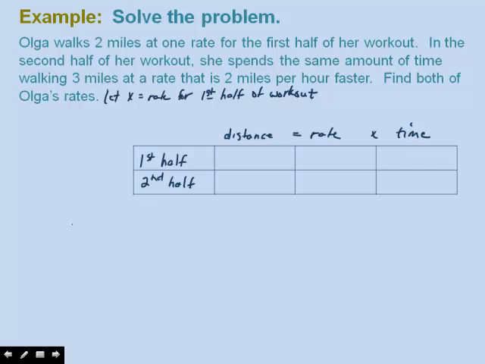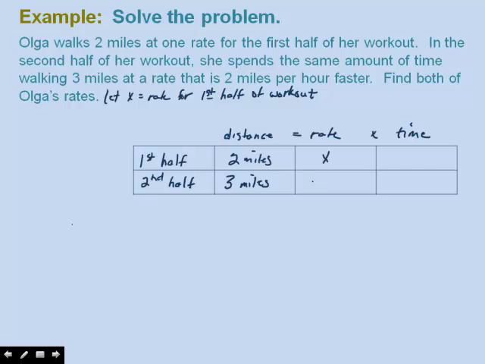So in the first half, it tells us that she walked a total of 2 miles. And the rate for the first half is actually our variable, so we'll put x in there. And it doesn't tell us what the time is for that first half. Then for the second half of the workout, she walks 3 miles, so that's her distance, at a rate that is 2 miles per hour faster. So here's a comparison between the two rates.